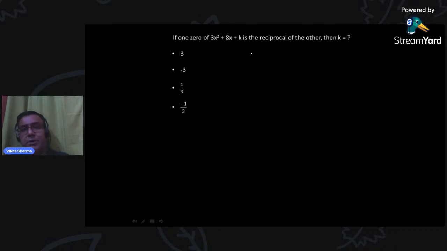We can write the polynomial as x square minus (alpha plus beta) times x plus alpha beta, and we are given that one zero is the reciprocal of the other. So if alpha is one root, then the other root has to be 1 upon alpha.